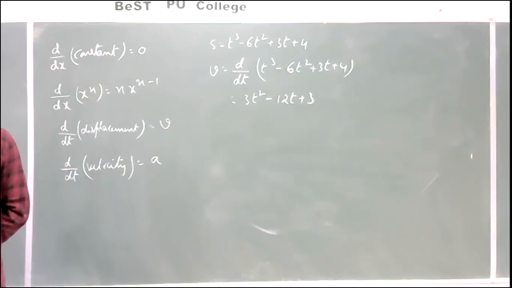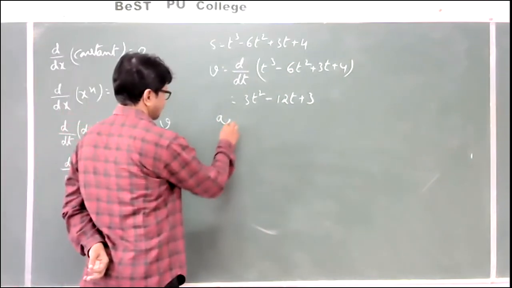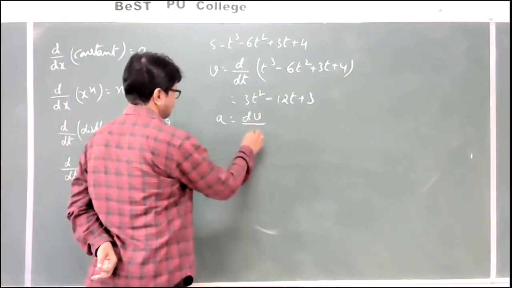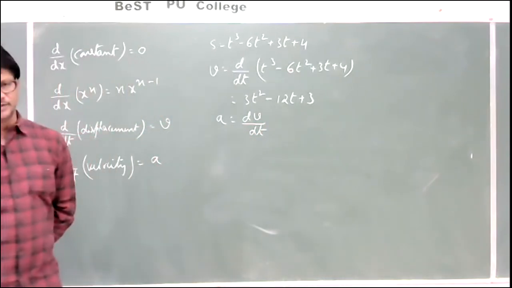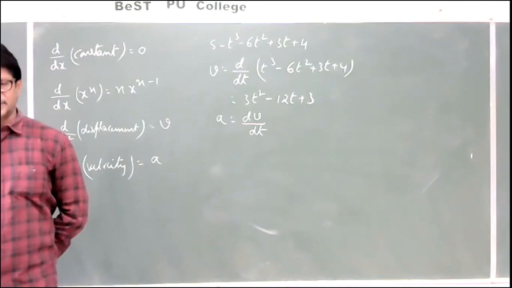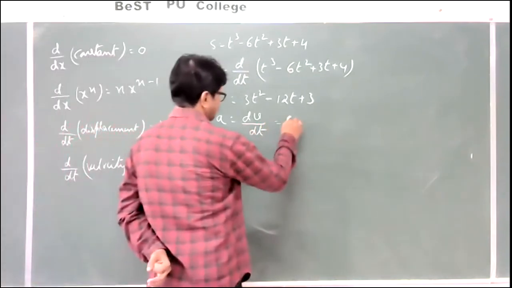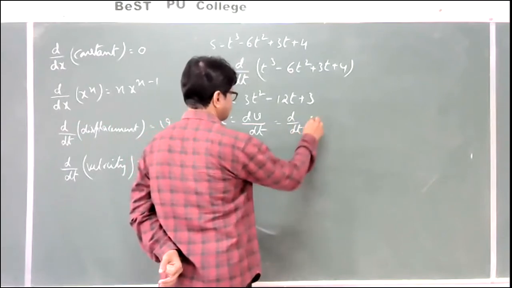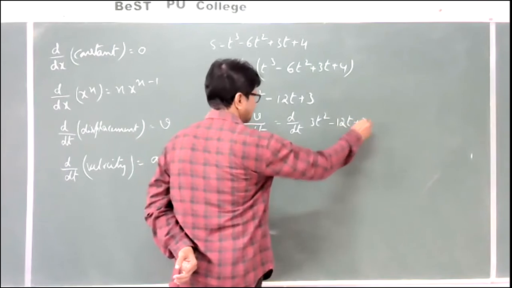But again, acceleration we have to find. So as we know, acceleration is equal to dv by dt. If you differentiate the velocity with respect to time, we'll get the acceleration. So which is equal to d by dt of 3t square minus 12t plus 3.